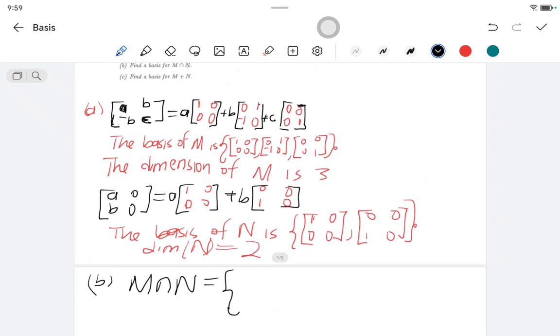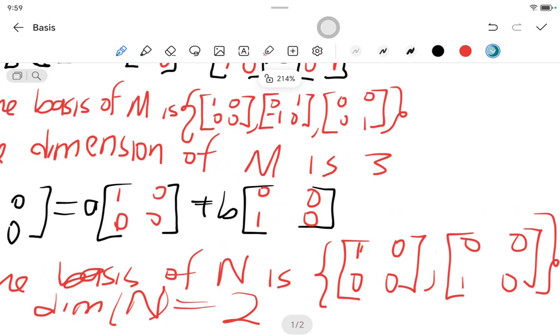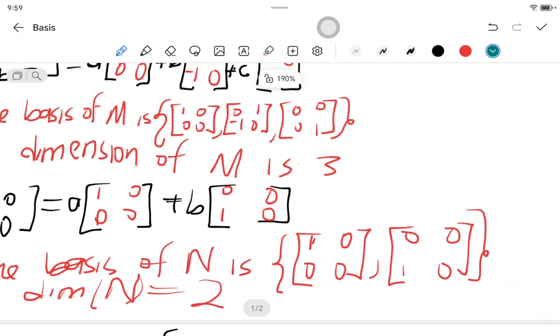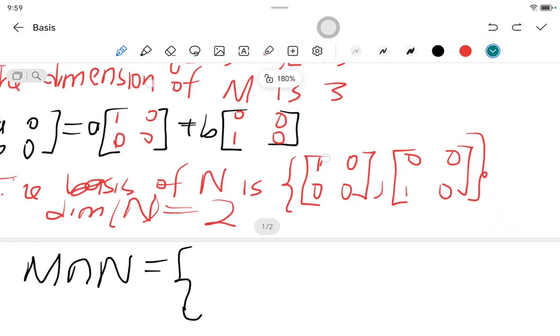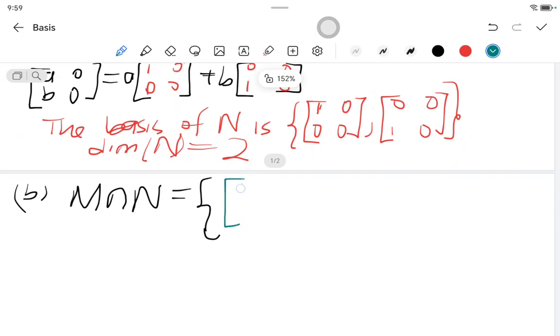For M, we're going to check if we have any common vectors inside. This is the same as this, so that is the intersection in this case. The intersection is 1 0 0 0.